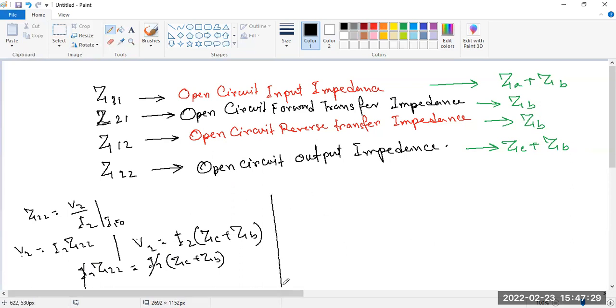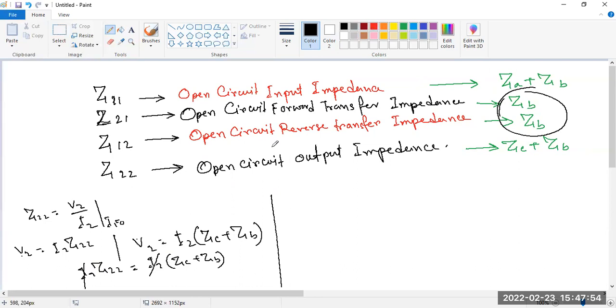So from this observation, we can find that Z21 and Z12 are the same because both are the ZB. So now we can observe that Z12 and Z21 are the same. So the network is a bilateral network which satisfies the principle of reciprocity.